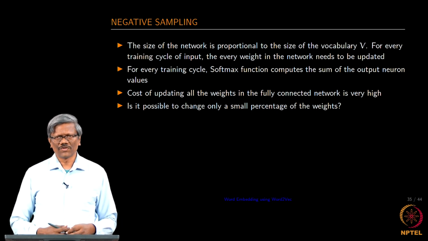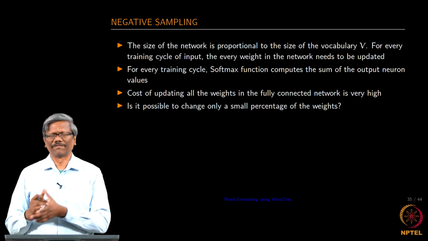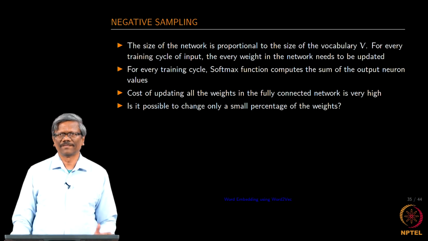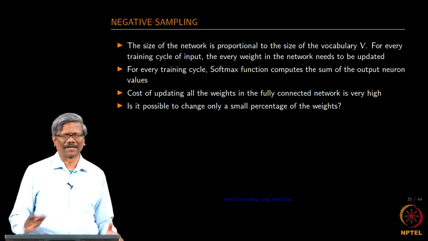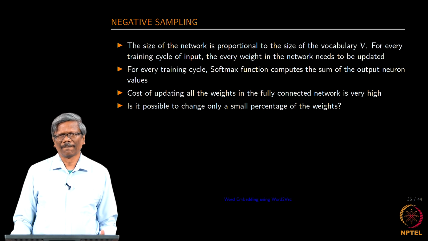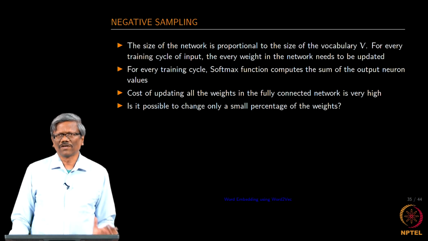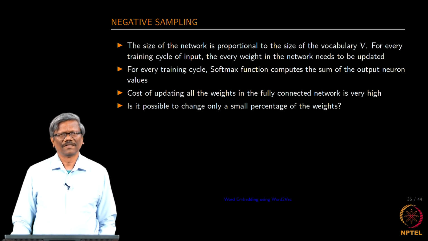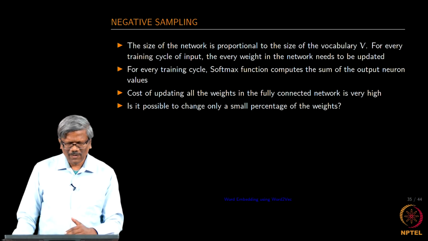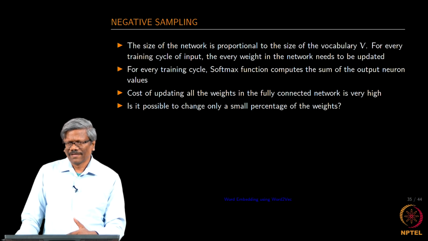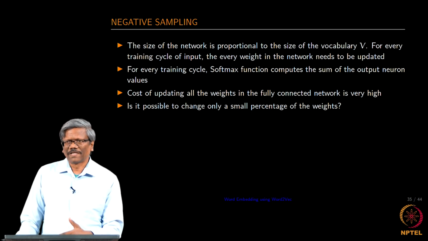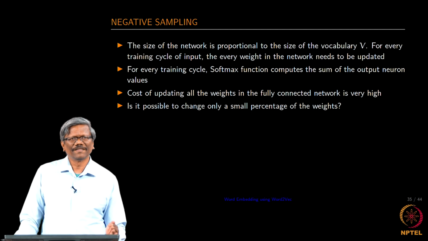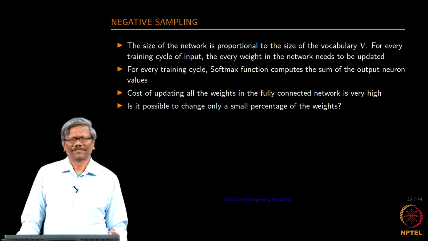Why should I update all my weights every time when they don't really make any impact in the learning? Which are those weights that I should not really bother about? When you look at it, the learning that happens is only for the context words and the input word, correct.